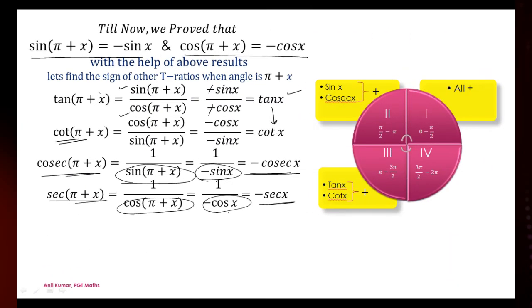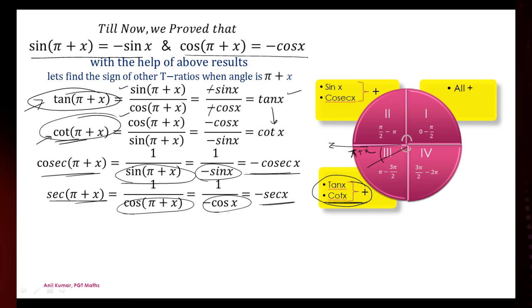So here we can see that the two values, tan and cot, their output is positive. So tan and cot are positive in the third quadrant, because when I am saying pi plus x, we are in quadrant number 3. And in quadrant number 3, we have tan and cot, two ratios, positive. And because we are measuring from the x-axis, how do we come to know that we are measuring from the x-axis?